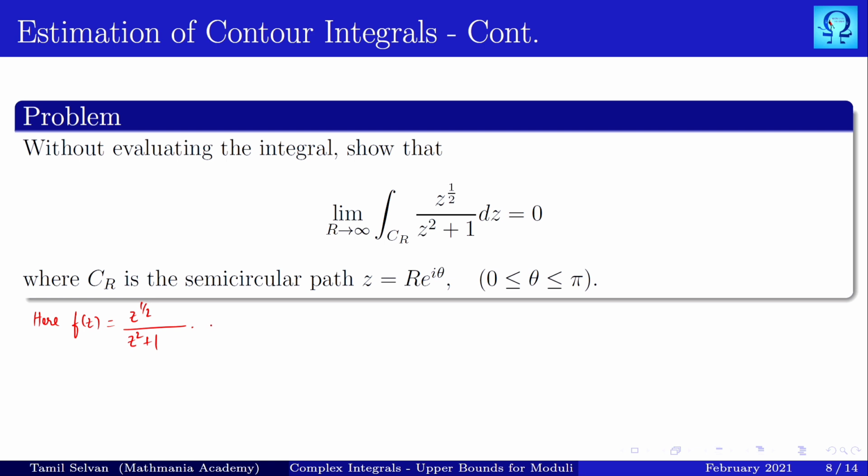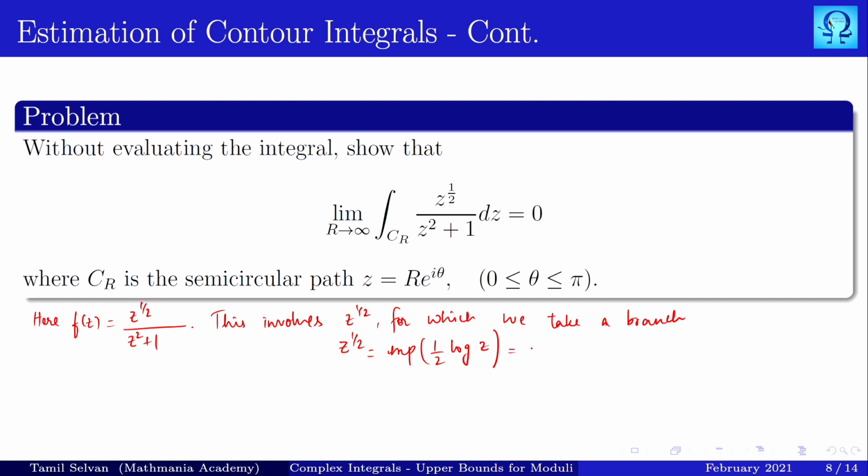This involves z to the power half, for which we take a branch, that is z to the power half equals exponential of half times log z. Before giving this a notation, let me do a few things.